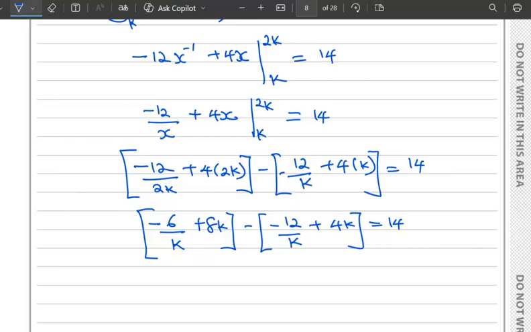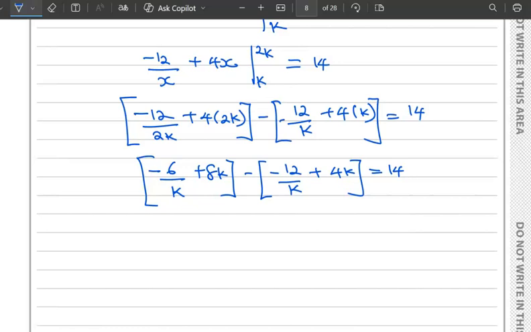So we can remove the brackets so that we remain with negative 6 over k plus 8k plus 12 over k minus 4k, and this should equal 14.